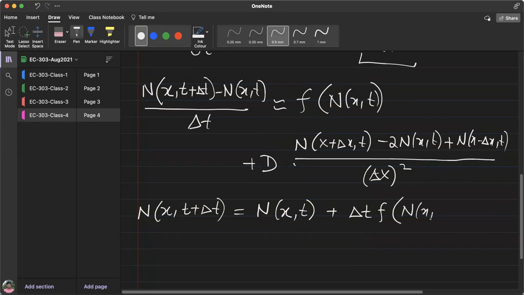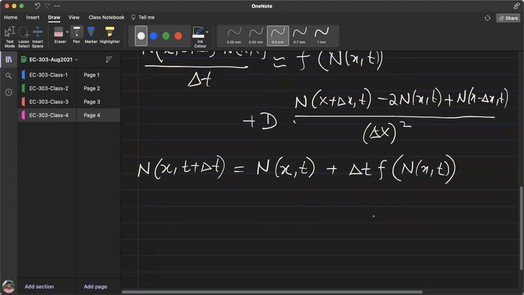Always think of what each term means. Delta t times the local rate of change gives me the local increment, and then there is an increment because of the diffusion.